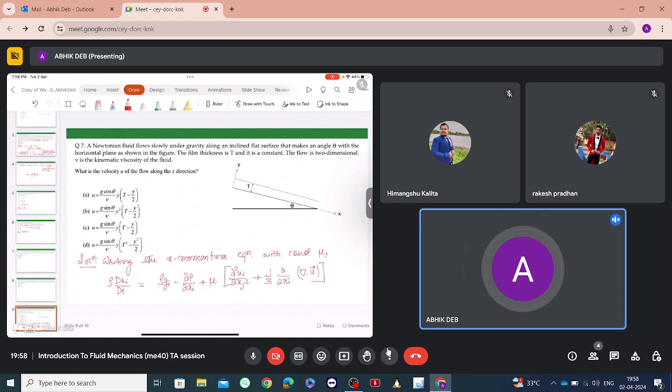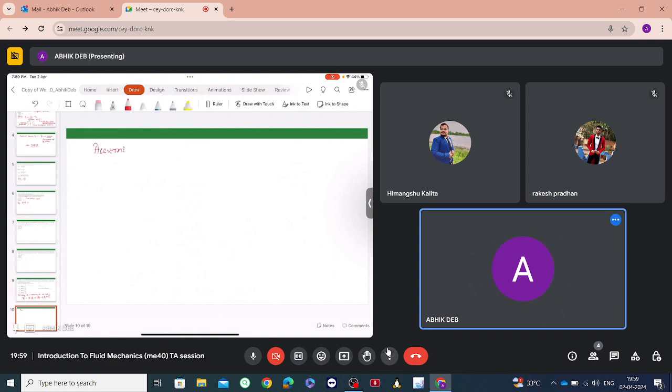Okay, now we assume steady and incompressible flow, and fully developed flow.